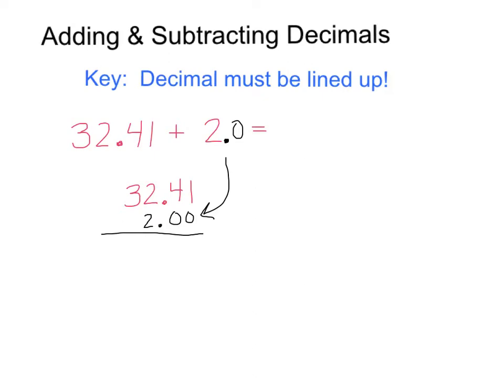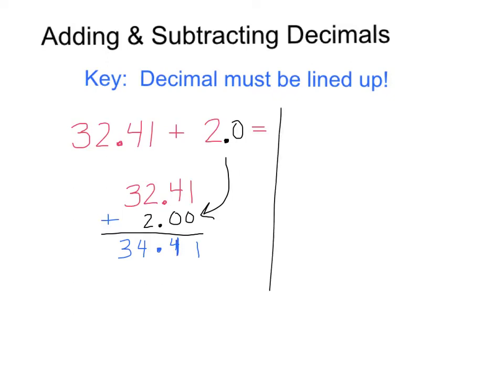And then if I want to add this, I'm going to put the decimal place right underneath so it continues the line straight down. Then I just add like normal. 1 plus 0 is 1, 4 plus 0 is 4, 2 plus 2 is 4, 3 just comes down as a 3. So my answer is 34 and 41 hundredths.